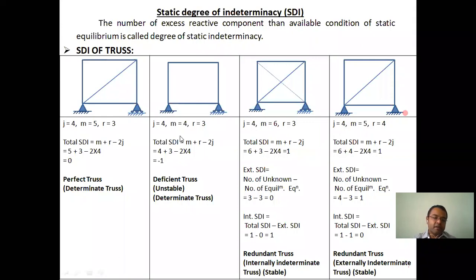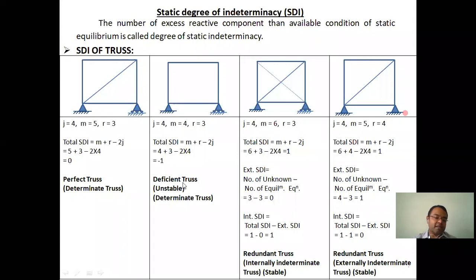Of course, minus 1 is less than 0, which means it is a determinate type of truss, but it is unstable, or you can call this a deficient truss.